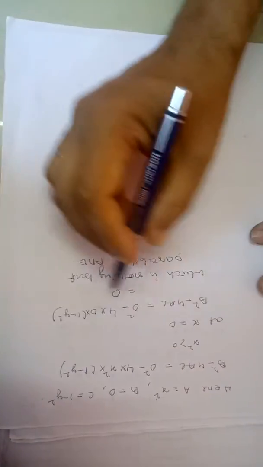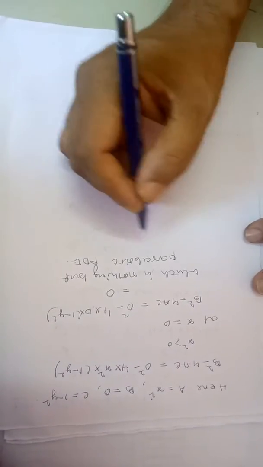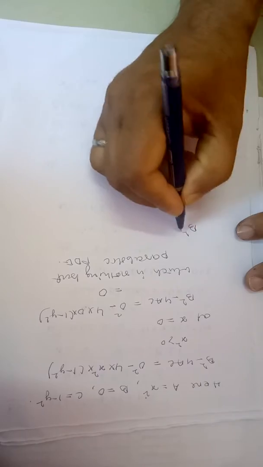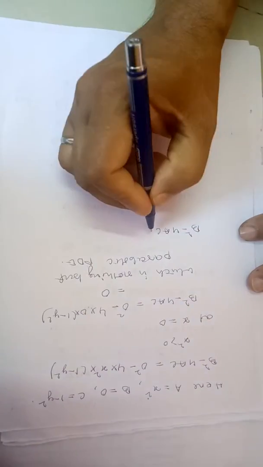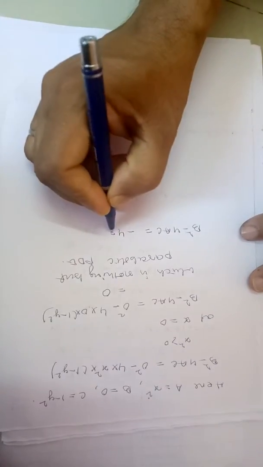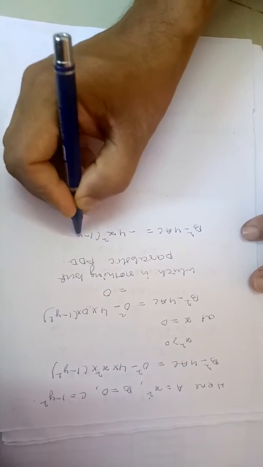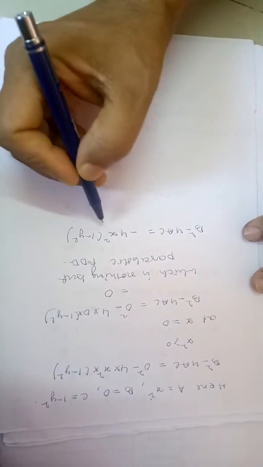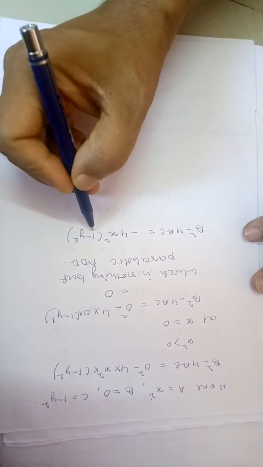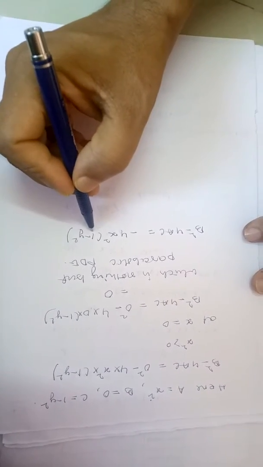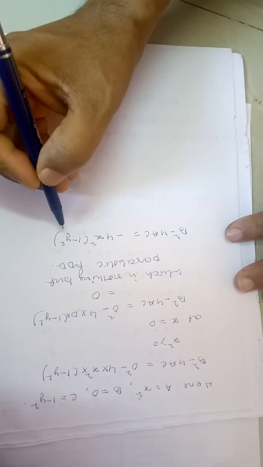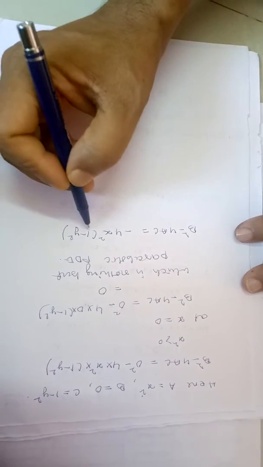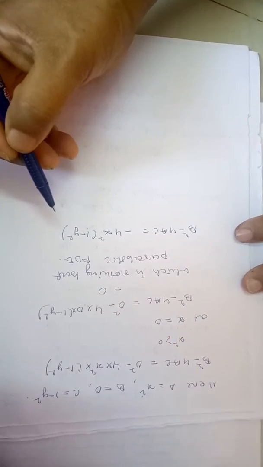Now let us go for the variable y. So b square minus 4ac is equal to minus 4x square into 1 minus y square. So what will happen to the PDE if y square is greater than 1, and what will happen if y square is less than 1? If we are able to decide those two natures, then our job is over.